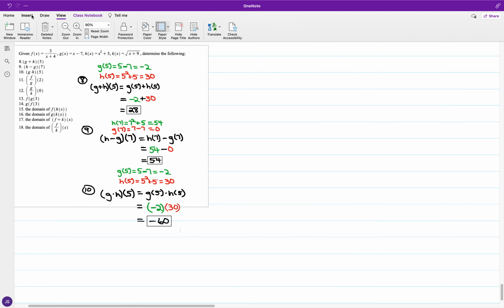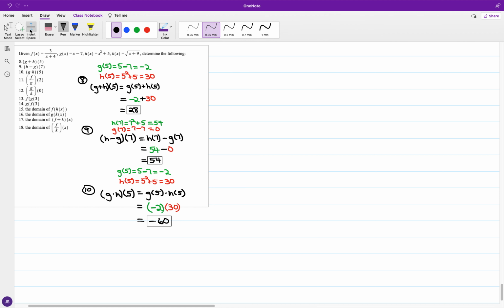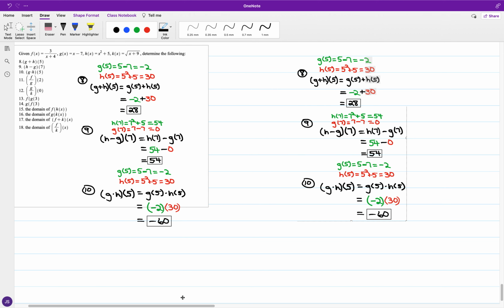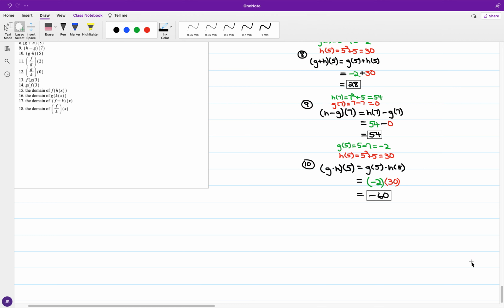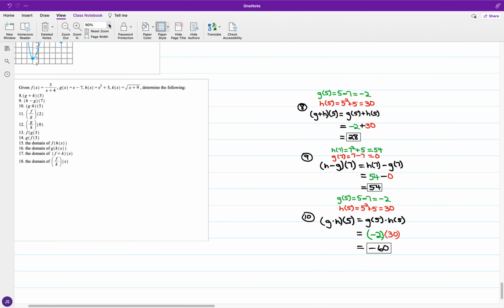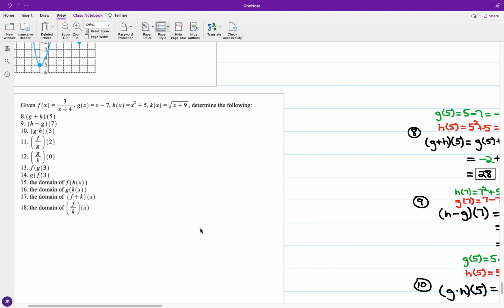Now for the next group, numbers 11 and 12, we have rational functions. For 11 we have f over g of 2.